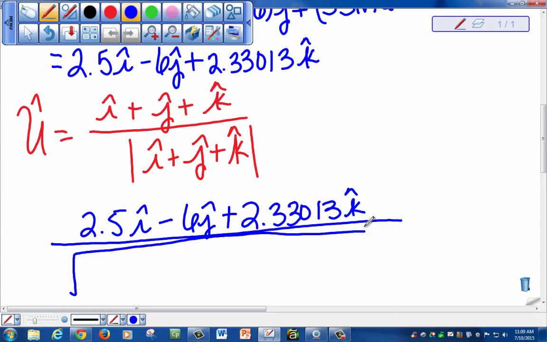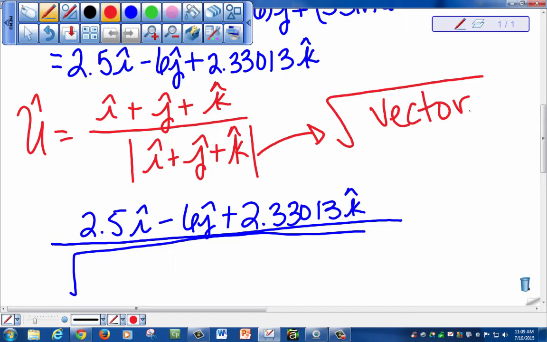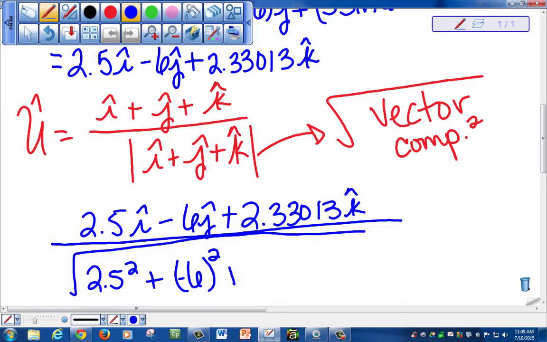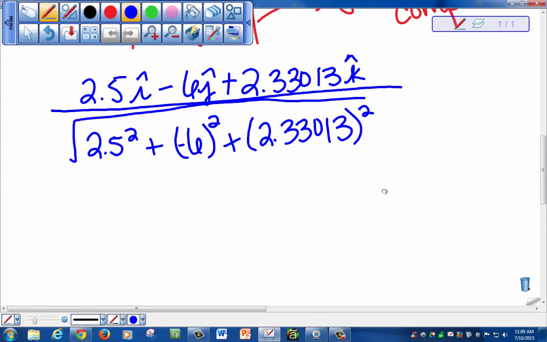Whenever we talked about magnitude, that means we're going to get the square root of the vector components squared. So I want to say 2.5 squared plus negative 6 squared plus 2.33013 squared. And this is going to give me my unit vector AC.